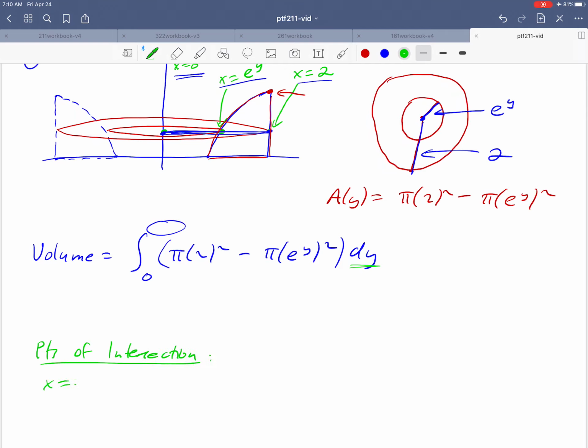We'd like to know where x equals e to the y and where x equals 2 cross each other. We can figure that out by just setting those two equal to each other. e to the y equals 2. And if you take the natural log of both sides, you get y equals ln of 2. And so that point up here that we labeled has a y-coordinate of ln of 2. That should be our upper limit of integration.